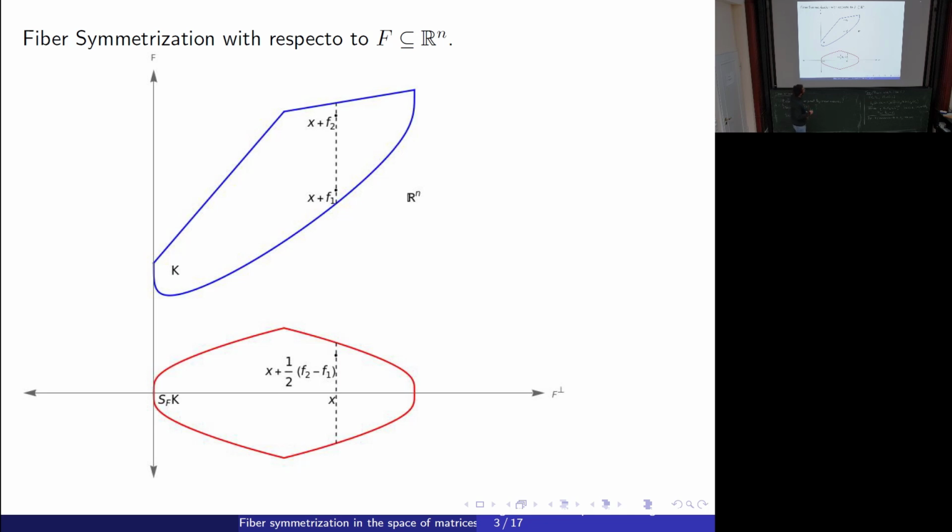Then what you can do is define a vector space operation, an addition, in all the affine subspaces which are parallel to F. So you have F1 and F2, then you can just sum the F coordinate. This gives you a vector space operation. And then one way of creating a body that is symmetric with respect to the reflection with respect to F orthogonal is to take half the differences of the fibers F1, F2.